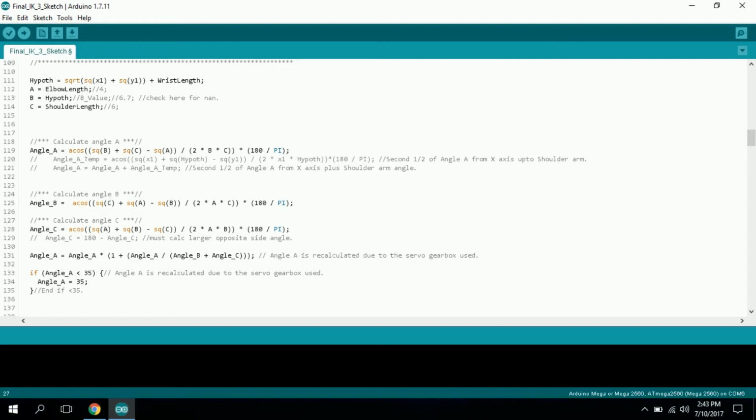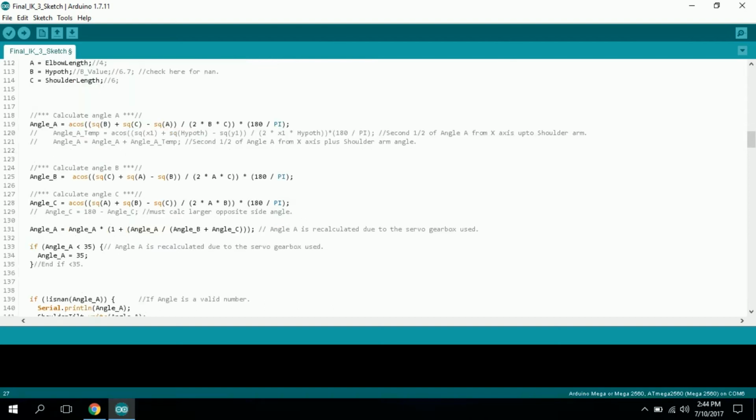I do some special calculation here in order to get the second half of the angle A, and then I was adding it here. I have a gearbox for my robotic arm, so this is kind of unnecessary. The amount of movement that I can do, I can only go from 30 degrees up to 65 degrees. I don't even bother with this, but you may want to add it in.